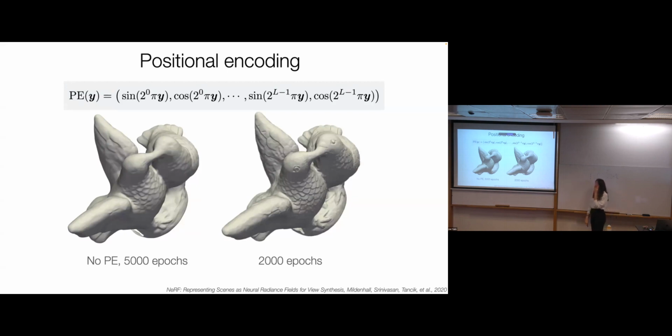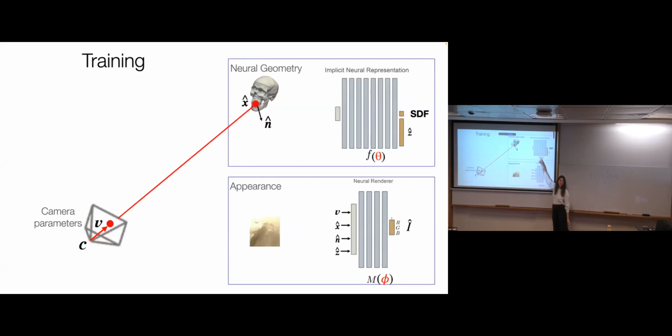Another last important practical aspect of this framework is that Merav mentioned the position encoding. Position encoding is something that was introduced in NeRF. Maybe I lied to you before, and the input is not just XYZ, but XYZ plus the positional encoding of that.